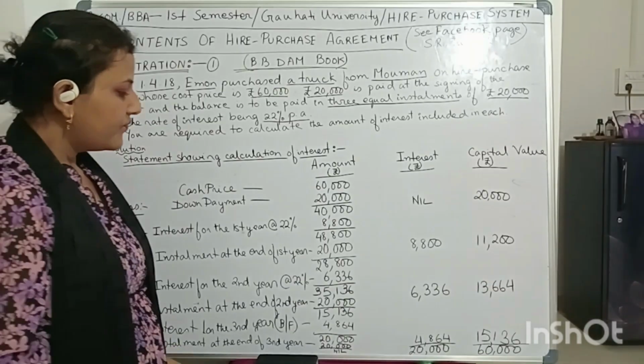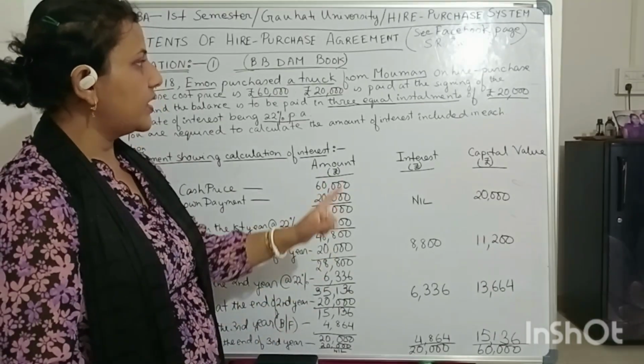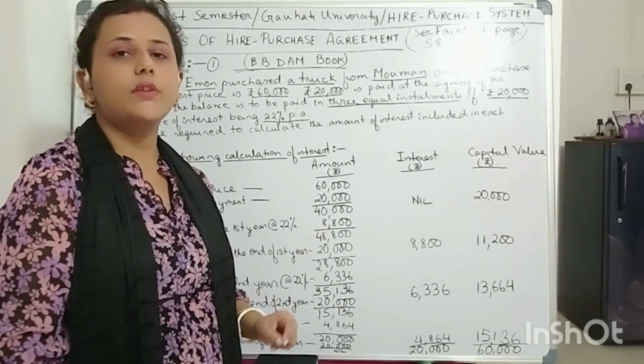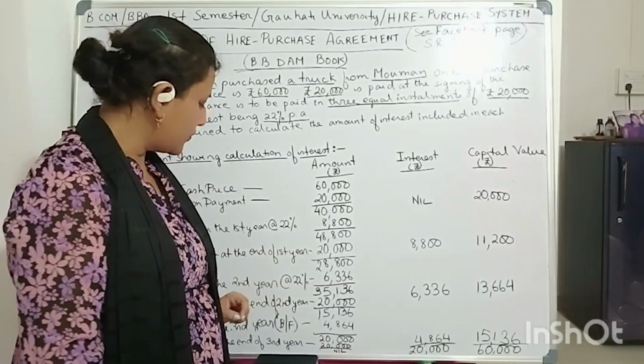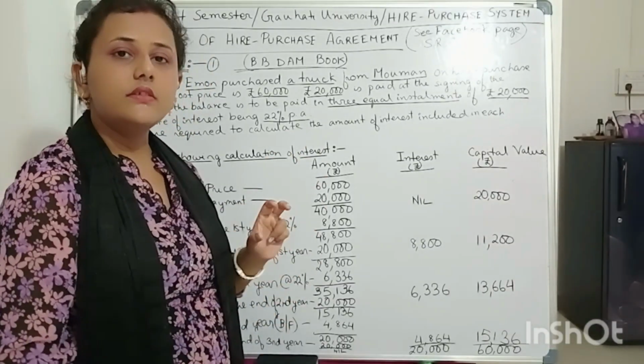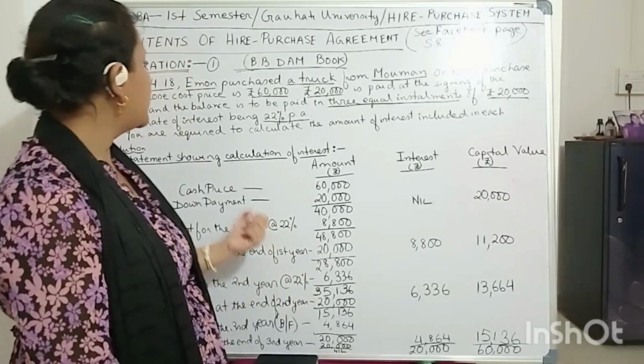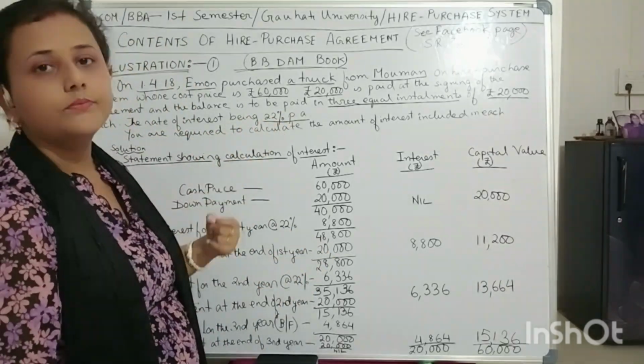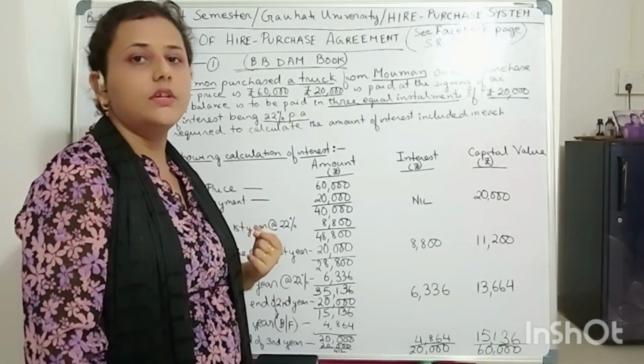Now each installment value is 20,000. For the last year, the third year, the interest value is not calculated on the basis of the rate of interest given.